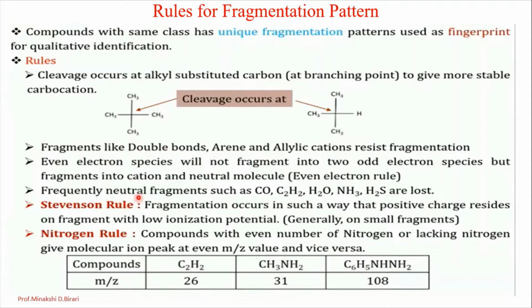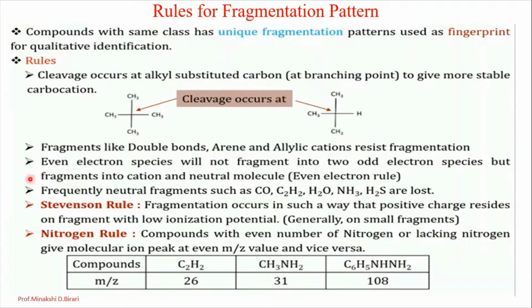Then in the fragmentation, frequently more stable neutral fragments such as CO, C2H2, H2O, NH3, H2S are lost. These more stable neutral fragments are removed during the fragmentation as carbon monoxide, ethene, water, ammonia, hydrogen sulfide, like that.